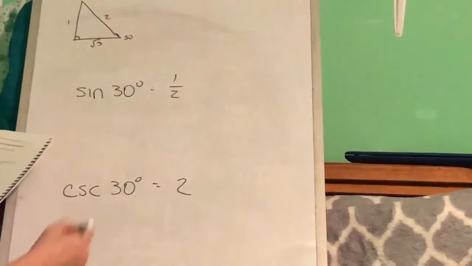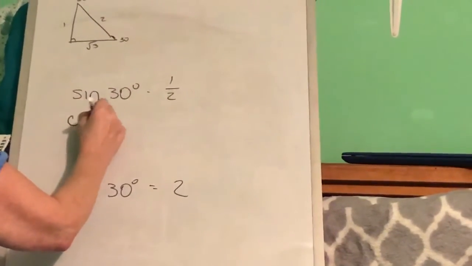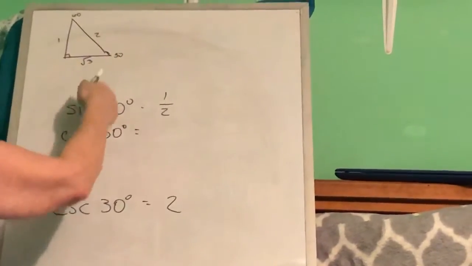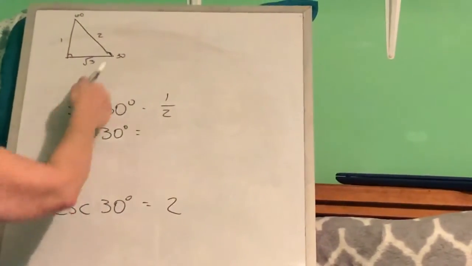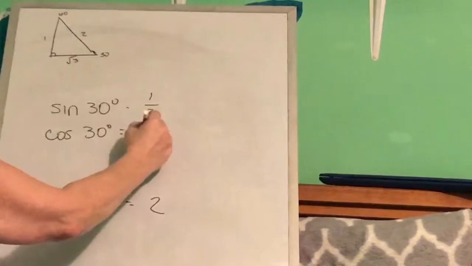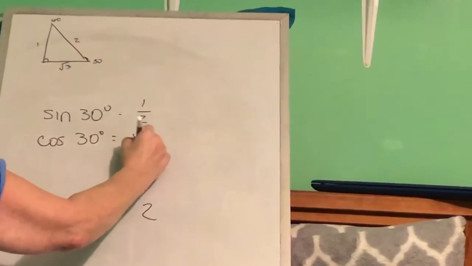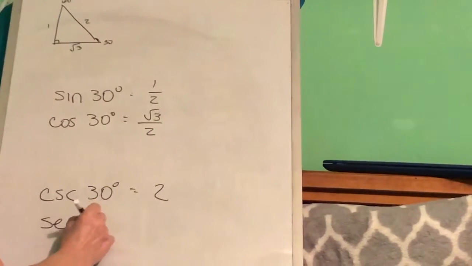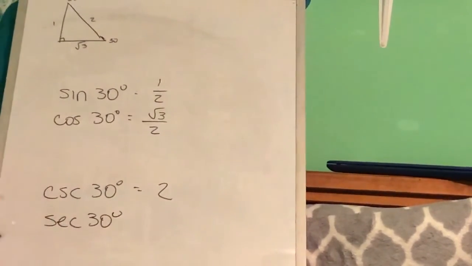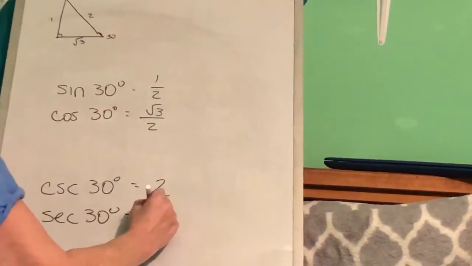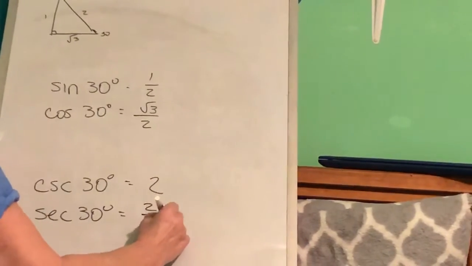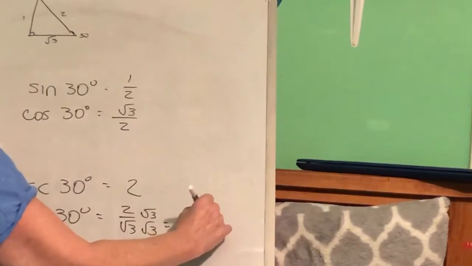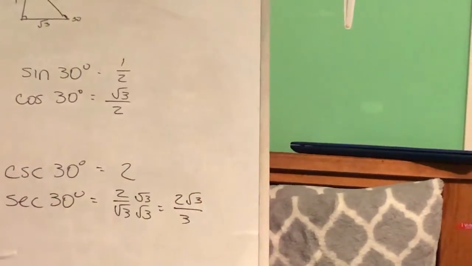I'm inverting. Now the cosine of 30 degrees, because it's a 30, 60, 90, our reference angle is 30. Cosine is adjacent over hypotenuse, square root of 3 over 2. So the secant, which is the reciprocal function of cosine, will actually be 2 over the square root of 3, but we're going to have to work with that a little bit, getting 2 square roots of 3 over 3.